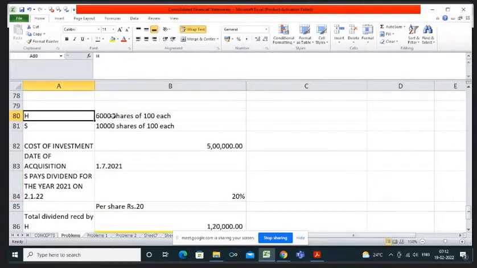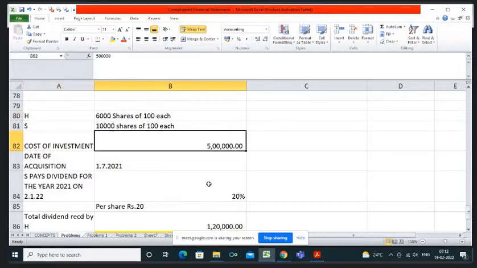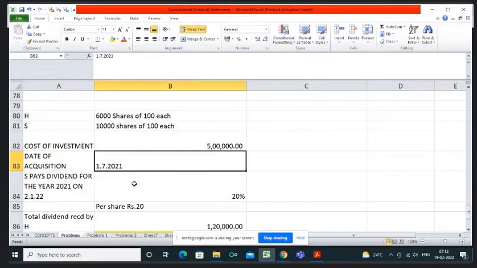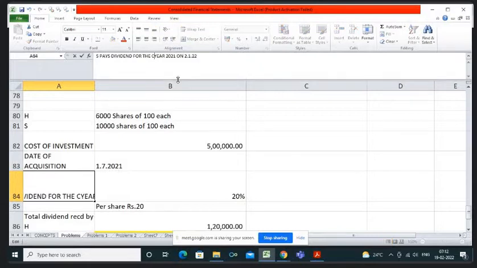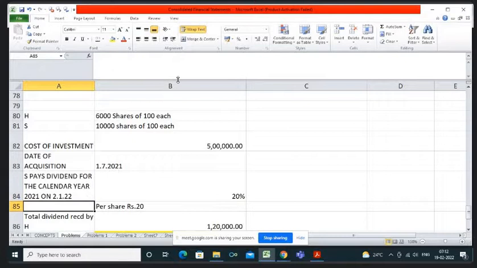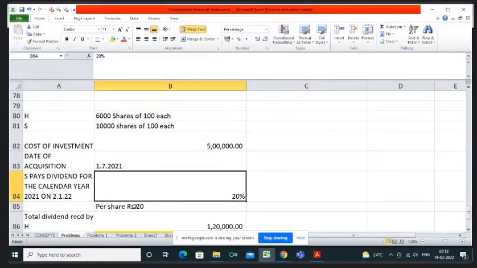So H acquires 6,000 shares in S Limited for an amount of 5 lakhs. The date of acquisition is 1st July 2021 and the subsidiary pays dividend for the calendar year 2021 on 2/1/22.